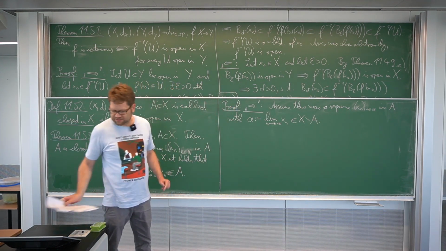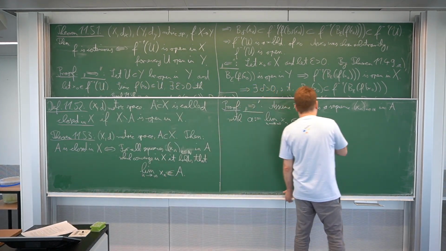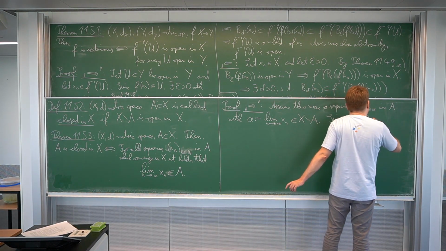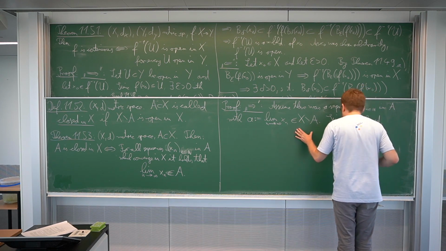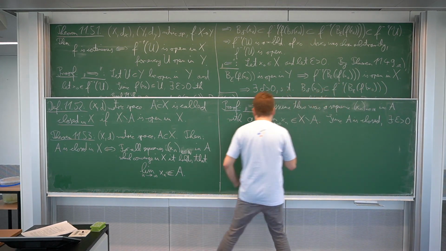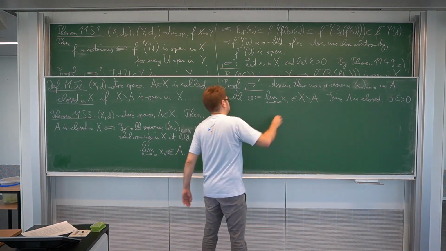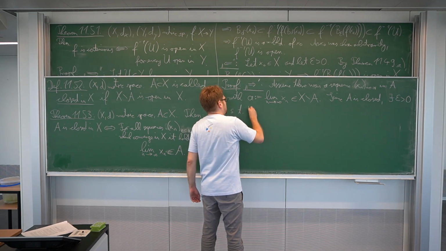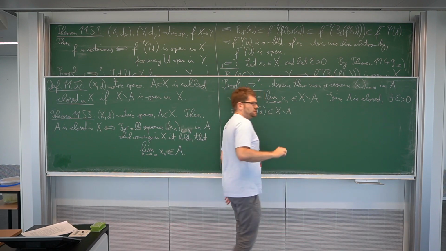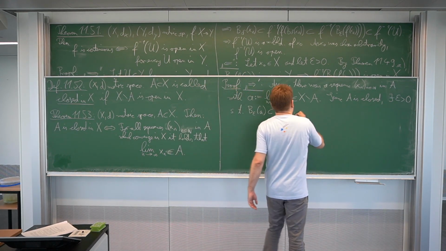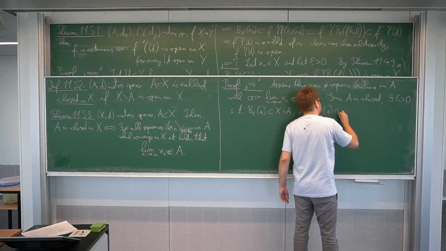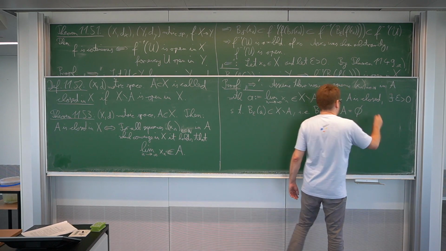Now, we know, since A is closed, that the complement is open. So this means there exists an epsilon bigger than 0 so that the epsilon ball around the limit is completely contained in this complement, such that B epsilon of a is contained completely in the complement of A, which of course is in other words given as B epsilon of a intersected with A is empty.